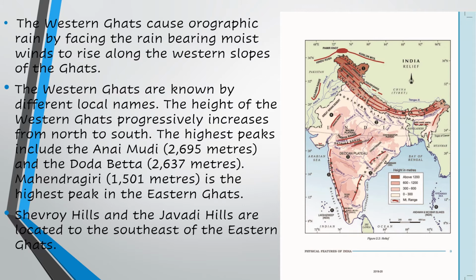That causes the orographic rains. Due to the air being blocked by the mountain and the condensation of the air, the cloud causes rain on one part, that is known as orographic rains.